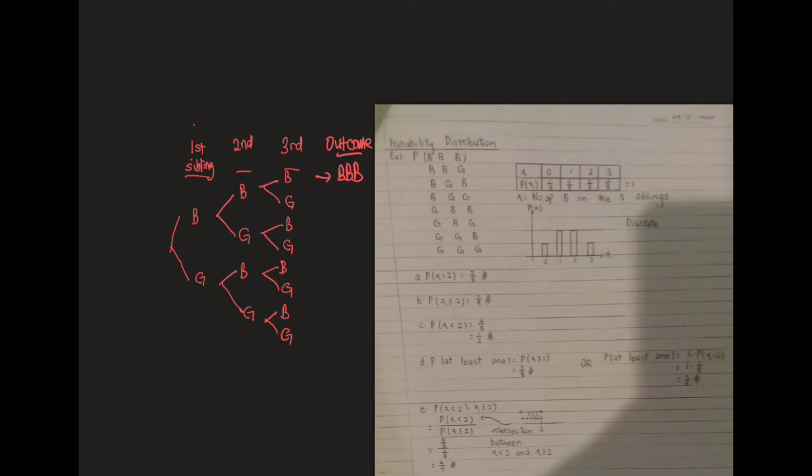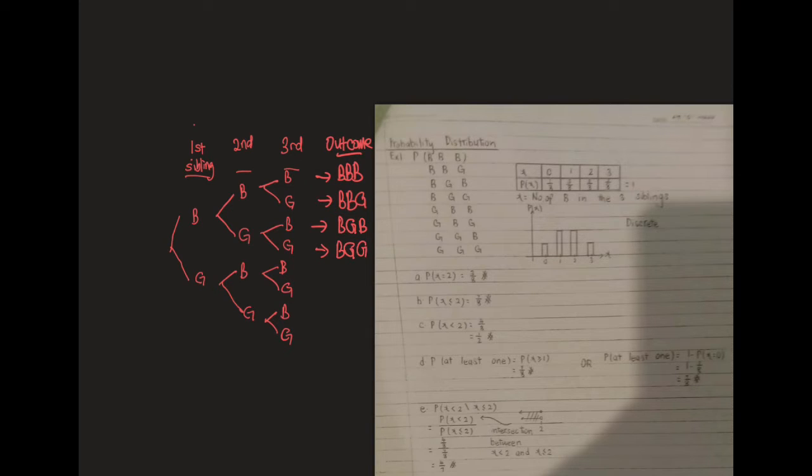Then the second outcome is boy, boy, followed by girl. Then the third one, we have boy, girl, and boy. And the fourth one, we have boy, girl, and girl.